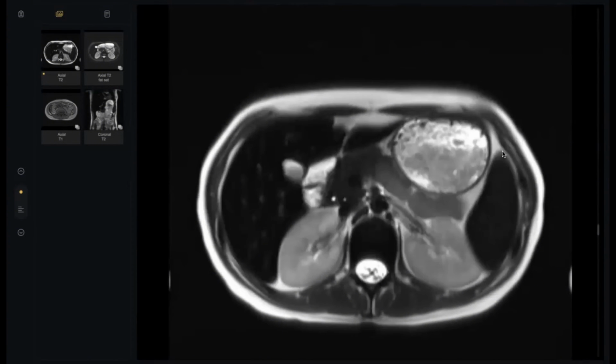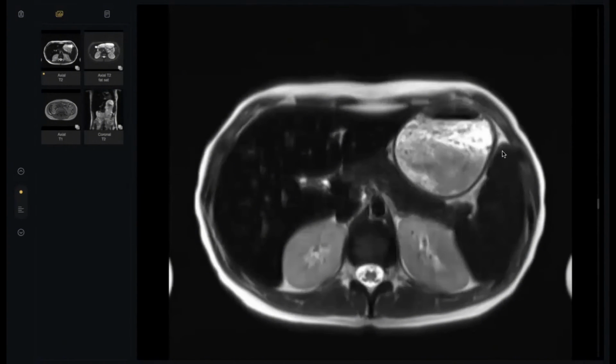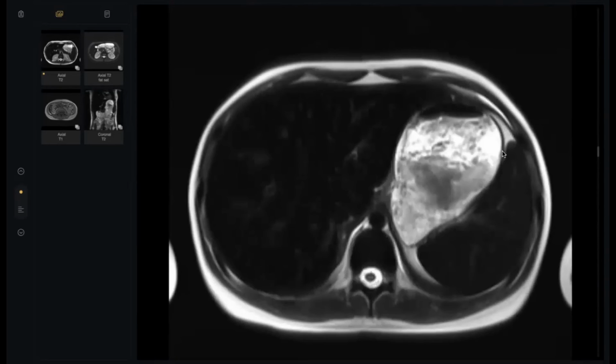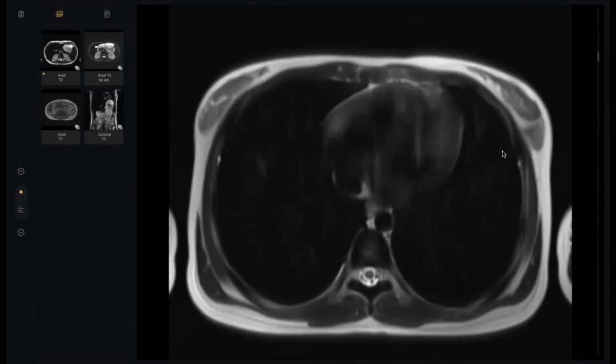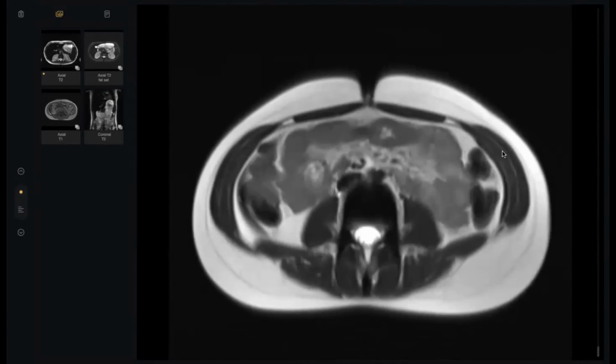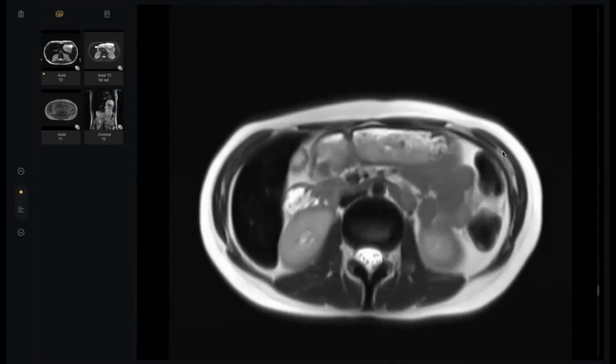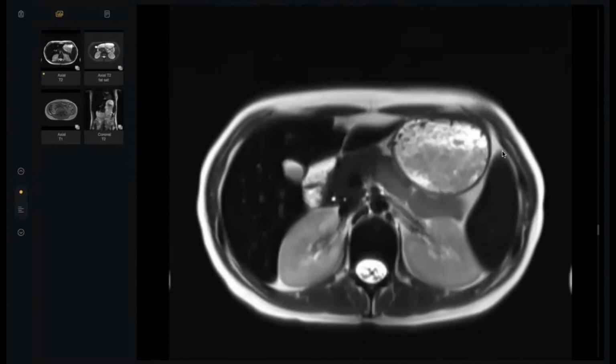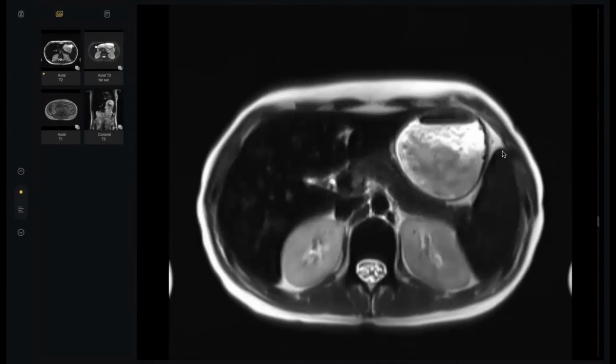I am scrolling through the whole exam before I give my comment. Actually, there is no obvious abnormality till now. The spleen is normal, and the liver also, and both kidneys.